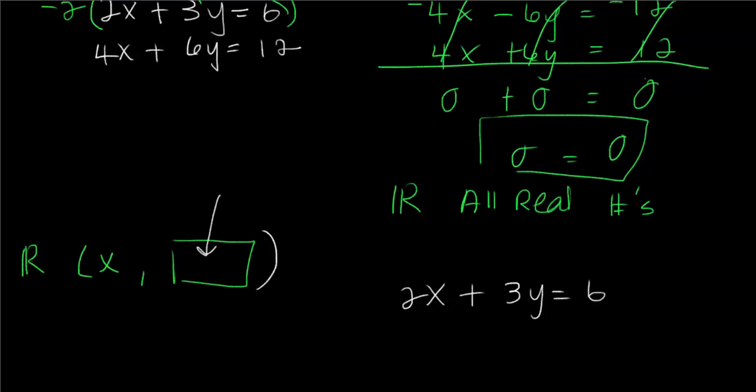Since I solved this and did not get a coordinate where they cross at, this is what I put in for the solution. Now, again, it does not matter which equation you choose to solve for y, because these equations are essentially the same exact equation. If you graphed these two lines, they would be on top of each other. Okay, and that's what we call a consistent dependent solution.